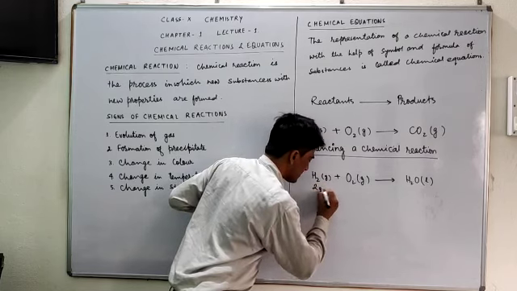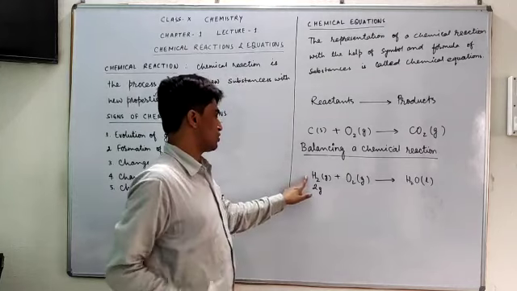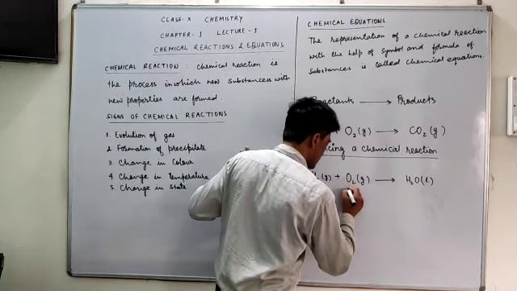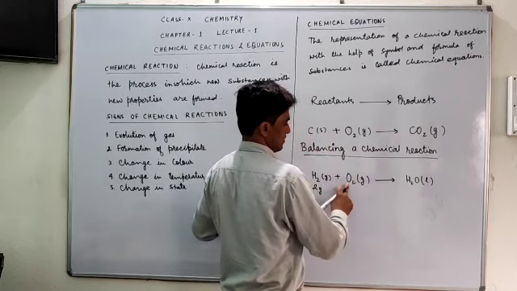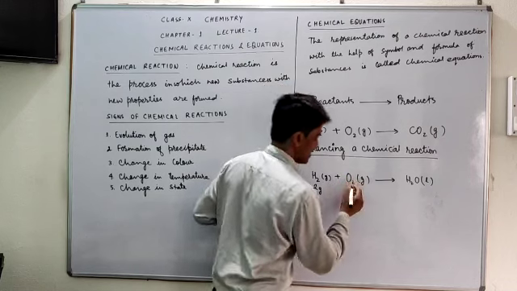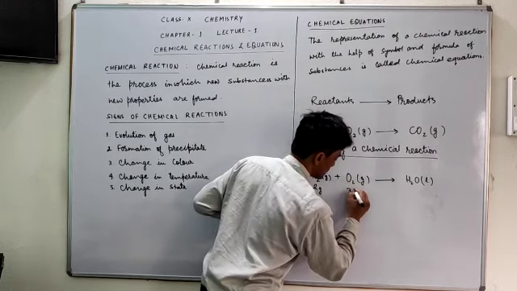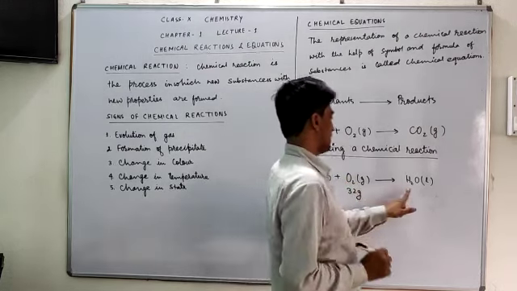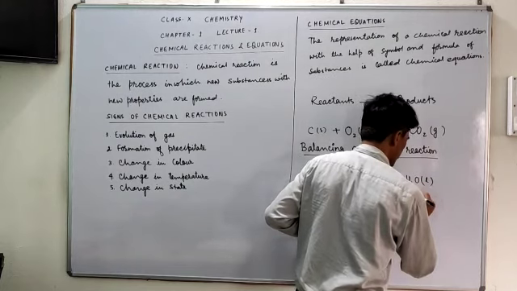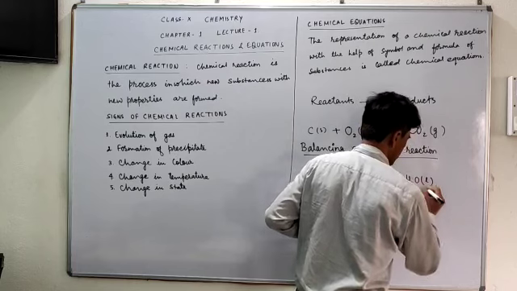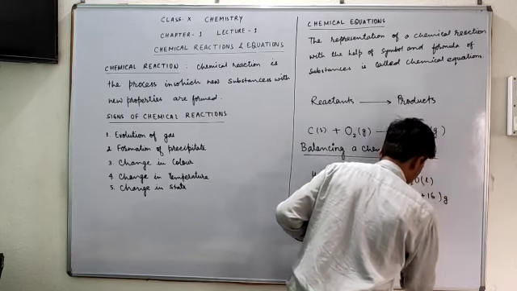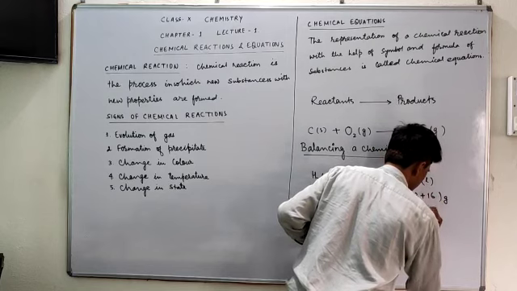The molar mass is 2 gram. In the same way, the molar mass of the O2 molecule is 32, because the atomic mass of oxygen is 16, 16 into 2, 32 gram. The atomic mass of hydrogen is 1, there are 2 atoms, plus the atomic mass of oxygen is 16. So the molar mass of water is 18 gram.